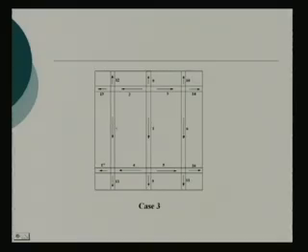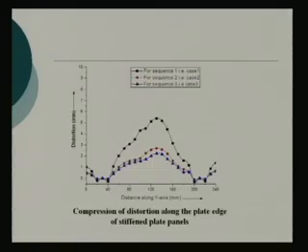Now let us see what are the results of these 3. This of course is theoretical analysis, and this theoretical analysis is already tested, so you can fairly believe the results it is giving. You see the black one here, here the plot is comparison of distortion along the plate edge of stiffened plate panels.